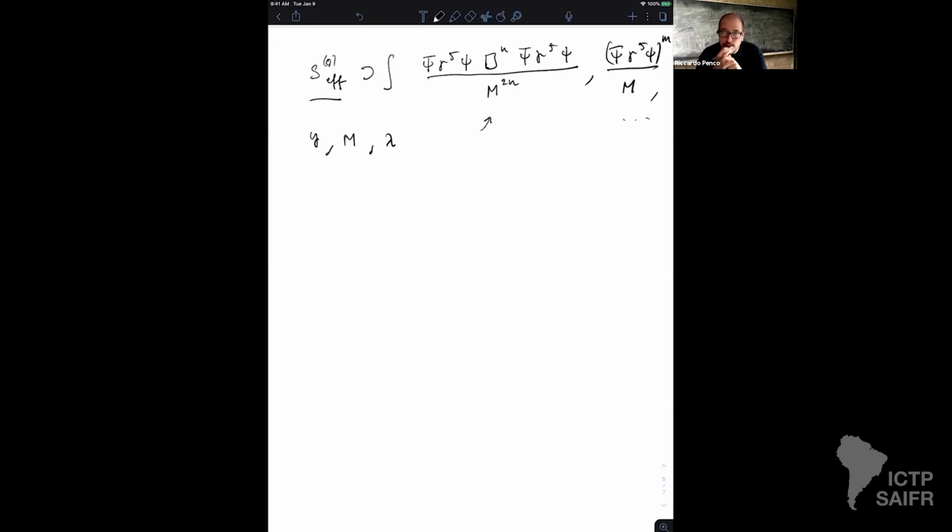So some of you, I certainly was as a student at the beginning, might be uncomfortable with the idea of having actions that contain an infinite number of terms. How do you deal with that? Is this predictive even, having an infinite number of Wilson coefficients? And the key here is the fact that an EFT is defined with a notion of expansion parameter.